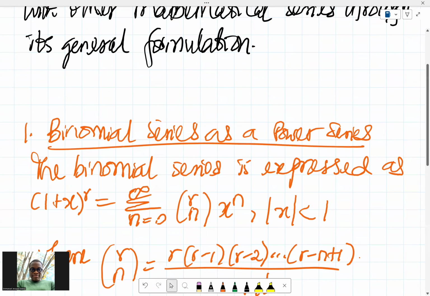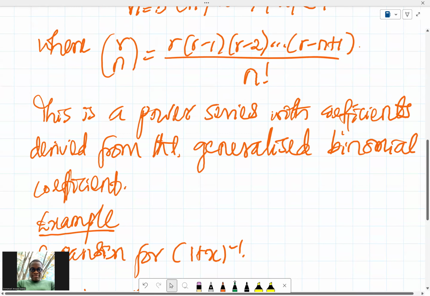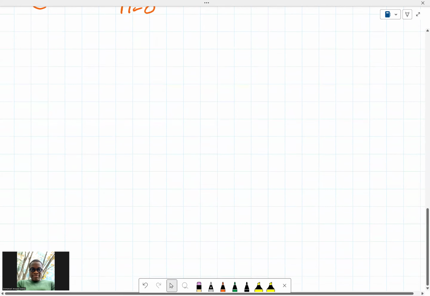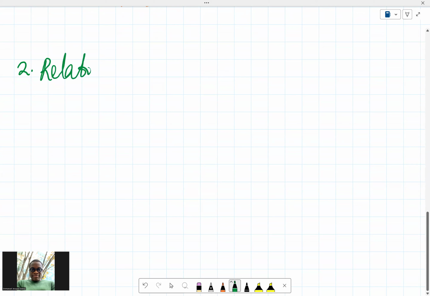Now, can we also see the relationship between binomial series and say geometric series? In fact, what we've done is a very good example of that, but let's do it a bit better. Two, we talk about relation to geometric series.